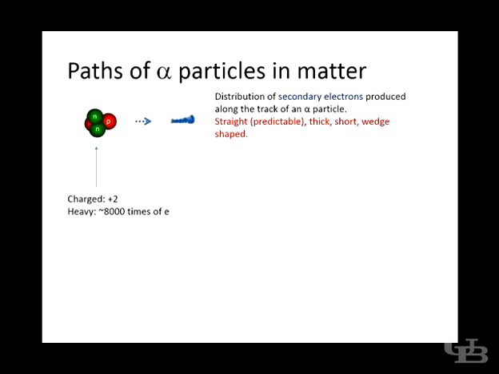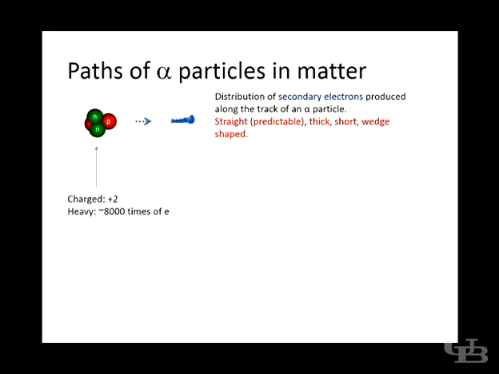Imagine that this nucleus of helium, the alpha particle, moves in this direction, and in its path it creates this cloud of secondary electrons because of the energy transfer from the interactions of the alpha particle with the matter's electrons.